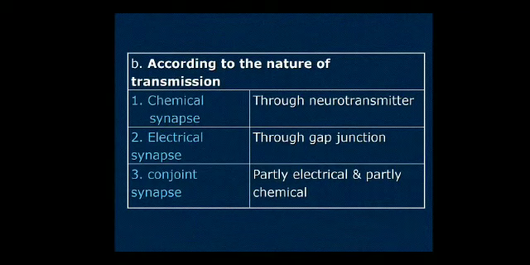So there will be freely movable ions, so it has direct connection with the other nerve cell. That is about the electrical synapse. Conjoint means it is partly electrical and partly chemical. Out of these, in the central nervous system, most of them are chemical synapses. That means there will be release of a neurotransmitter, a chemical, and that brings about the transmission.